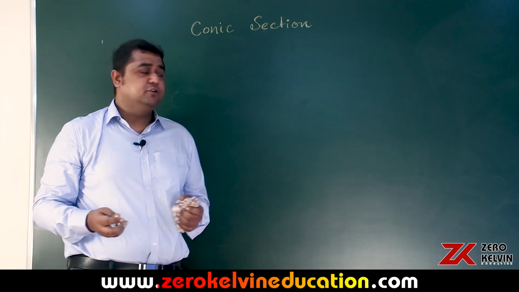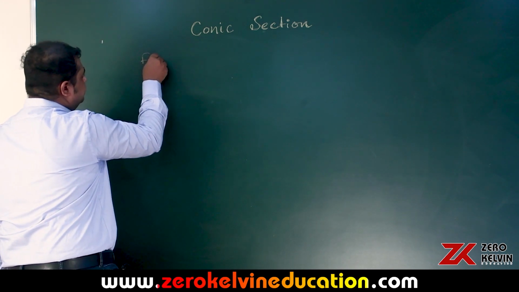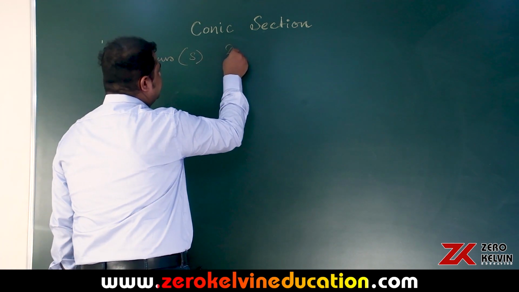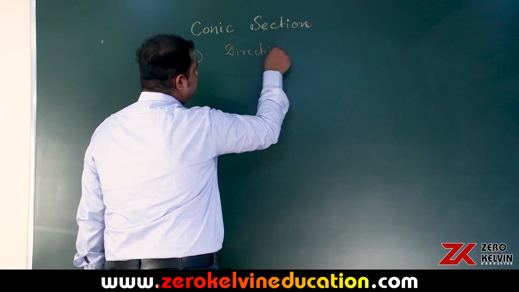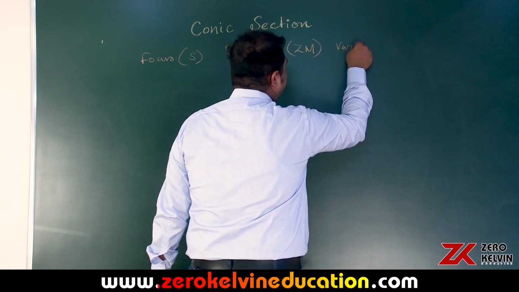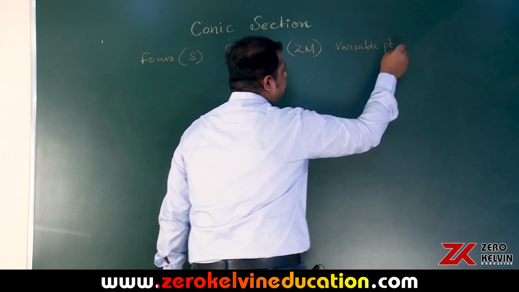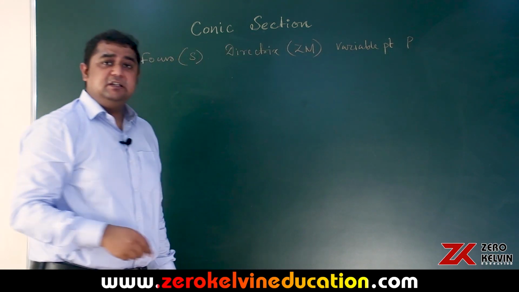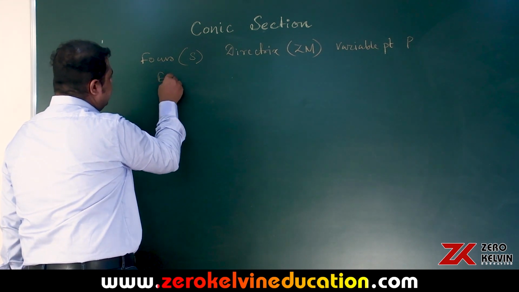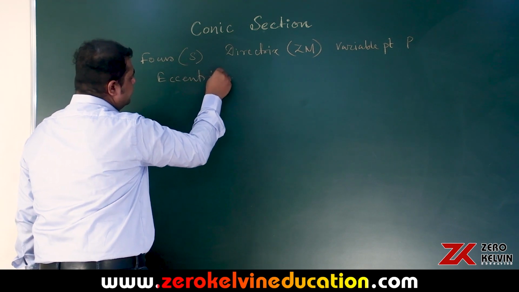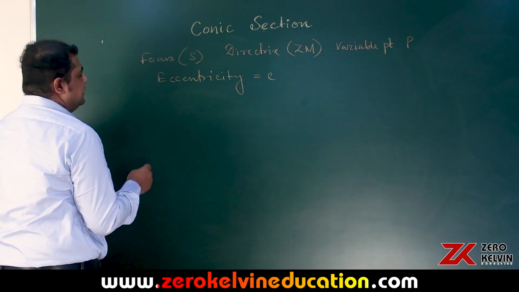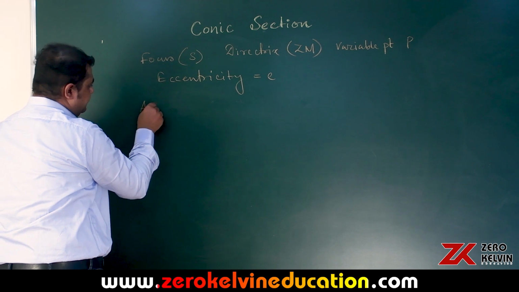So far we have gone through certain points like focus, standard denotation S, directrix usually denoted as ZM, the variable point describing the conic, this point P, which is considered to generate the conic, and we have also marked eccentricity as E. Ahead of that, the first thing that we will consider is axis.